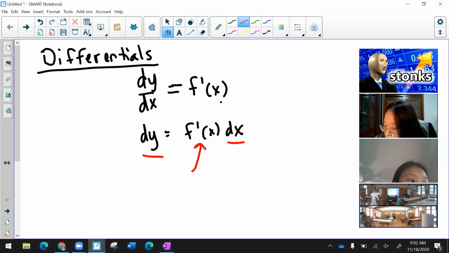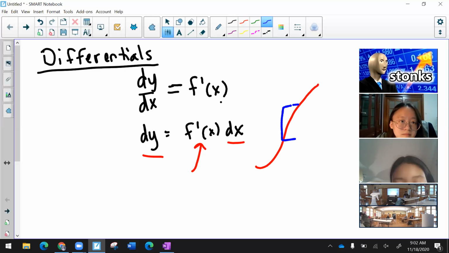And we can use the derivative to help us figure that out. Okay. And so we can talk about things like, well, what's the pre-calc way of talking about the derivative? The slope of the tangent line. Okay. So if you are at a part of the curve that maybe looks like this in here, then a small change in x is going to give me a very big change in y, because the slope of my tangent line is so big at that point.